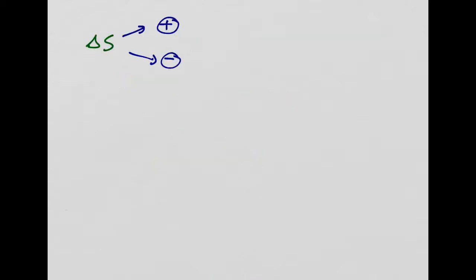Here, for delta S, the positive is favored. The positive is favored. Now, let's go over exactly what this means, measure of disorder, what does this positive, negative mean? Let's do an example.